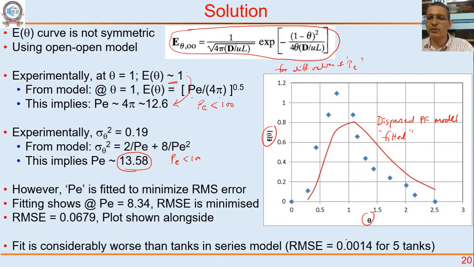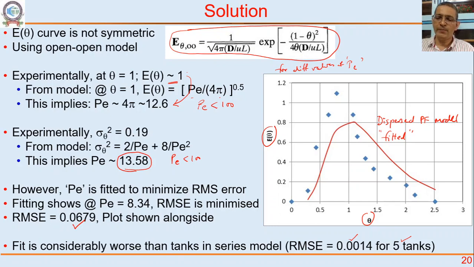RMSE is 0.0014 for 5 tanks, whereas in this case RMS error is 0.0679. Error is several times larger, 50 times larger. Okay, so this is how we would try to fit a model.